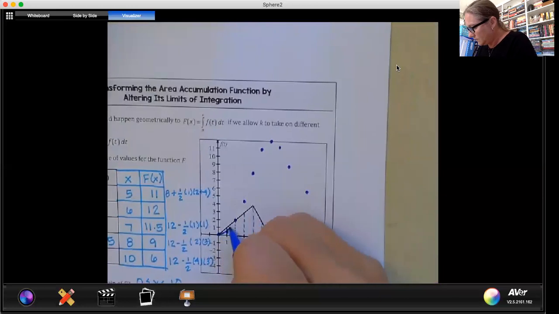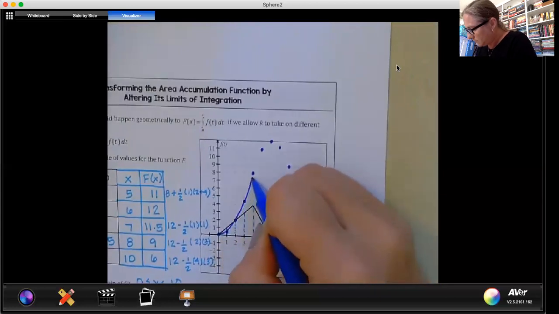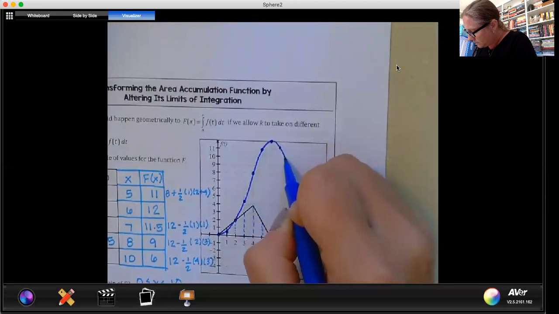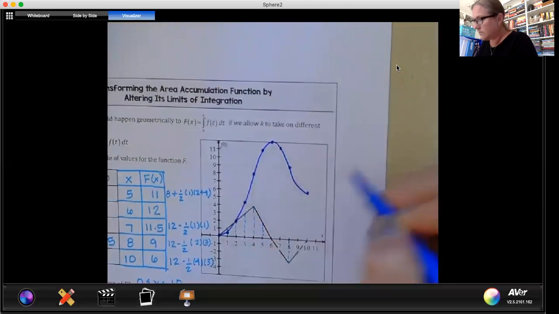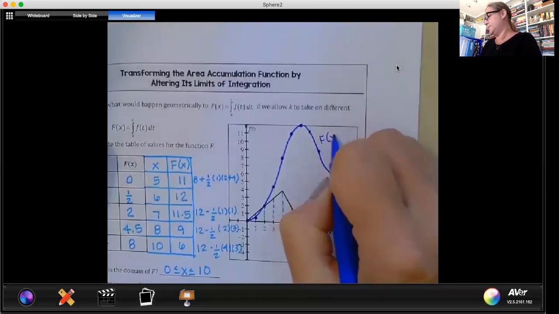Just connect the dots of your curve. And that's f of x.